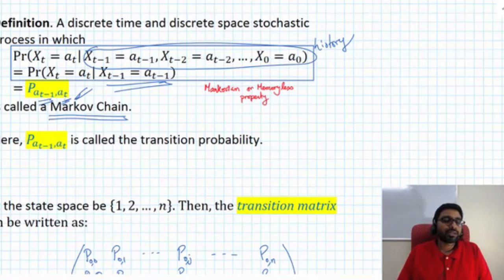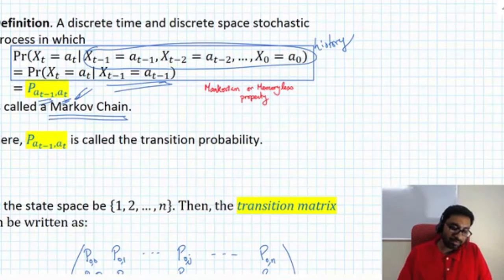And such a stochastic process that has this memorylessness, that forgets this past history beyond just the one previous step, is called a Markov chain. And these are very, very elegant and useful because they model a lot of real-world processes, and they're also elegant and easy to analyze, and end up being quite useful for many algorithmic purposes.